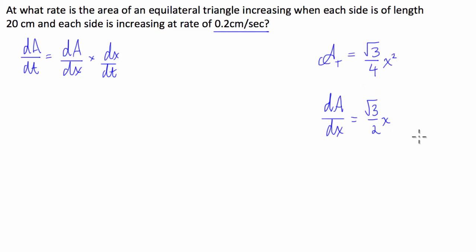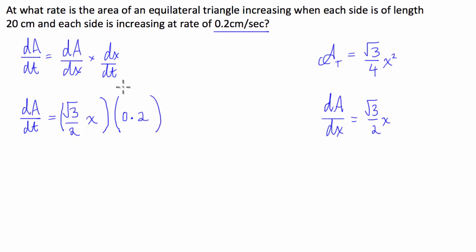So basically what we can do here is substitute this into our related rate. We could say that the rate of change of area with respect to time is going to be equal to the square root 3 over 2 times the side length, and we're going to multiply all of that by dx/dt, which is simply 0.2. Now, it says the side length is 20, so we can substitute that in.